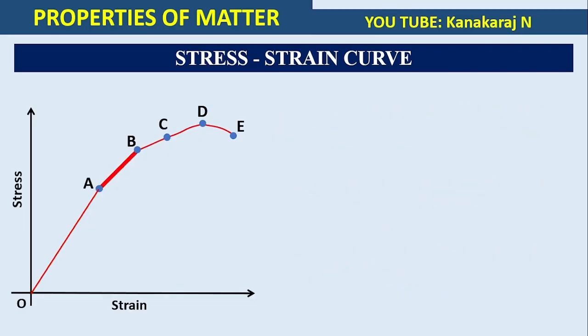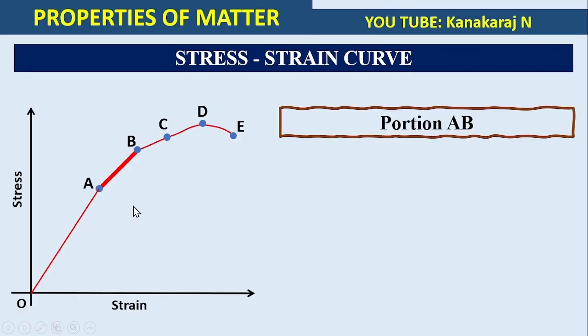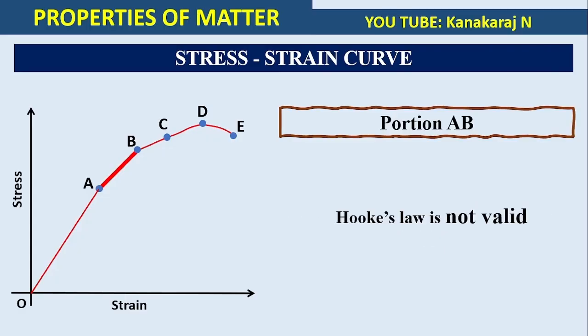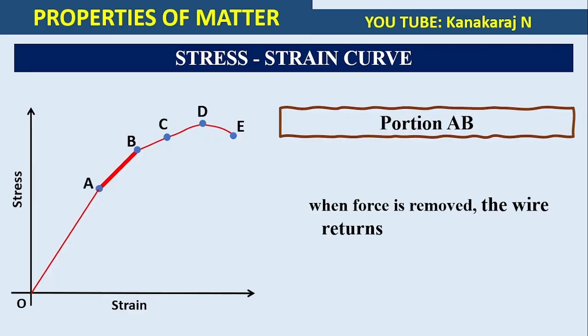Let us go for the next portion AB. In portion AB, strain occurs more for a given stress. Hooke's law is not valid here. When force is removed, the wire returns to its original length.